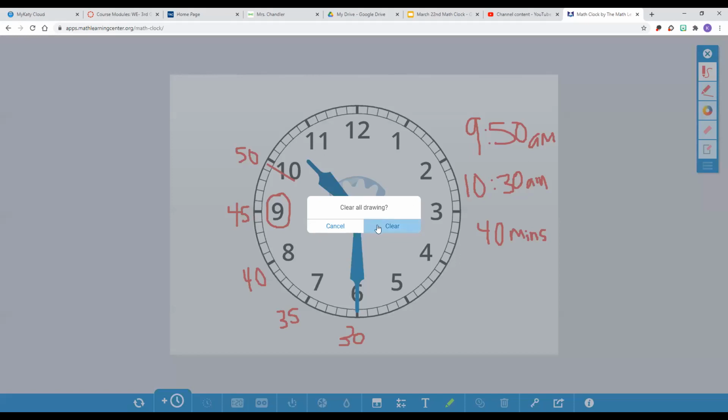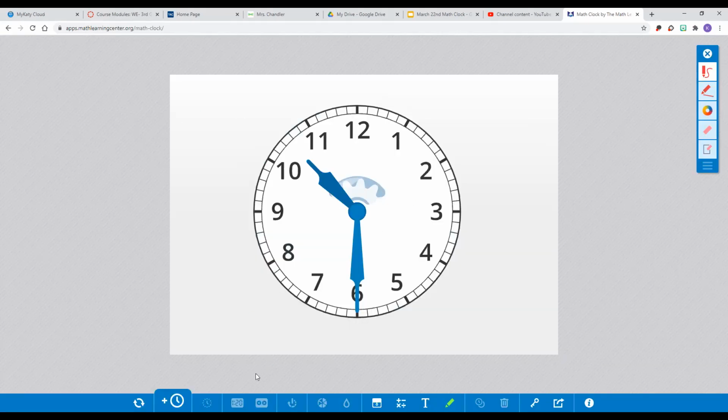All right. So we are going to really be focusing on our analog clocks today, and taking a focus on addition and subtraction problems using our clocks. So please get out your math notebook for me.